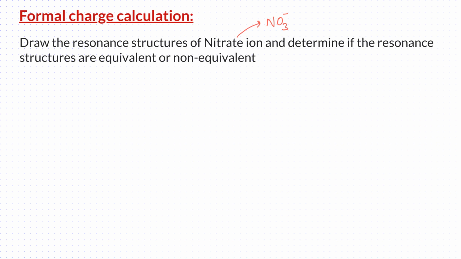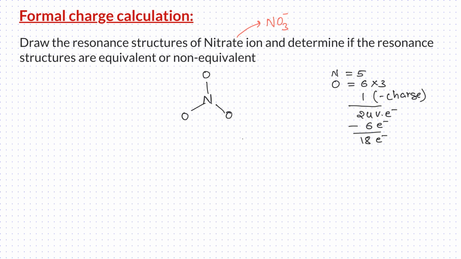Place the least electronegative atom, that is nitrogen, in the middle, oxygens on the sides, count the total number of valence electrons, connect the terminal atoms to the central atom by a single bond, subtract the used up electrons, and place the remaining electrons on the terminal atoms first, and if there are any leftover electrons, we place them on the central atom. But we used up all the electrons.